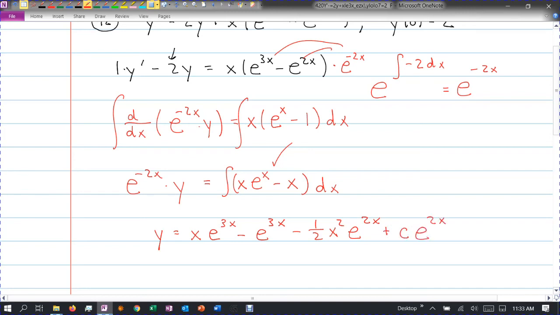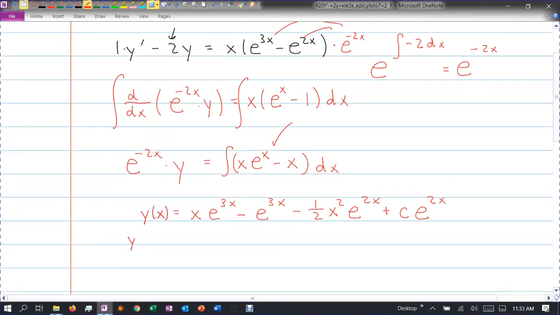And now again, we're looking at this y as really being a function of x. When we plug 0 into this, we need to get 2. So y of 0 needs to be 2. When we plug 0 into this, this goes away, that's 0. And then we get minus e to the 0, which is 1. And then when we plug 0 in here, it's gone.